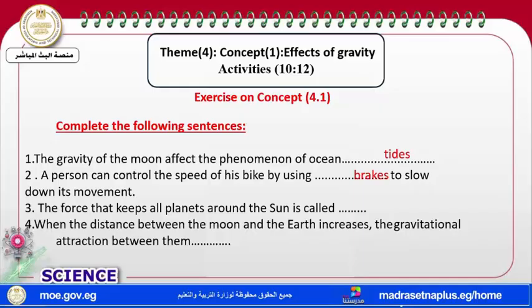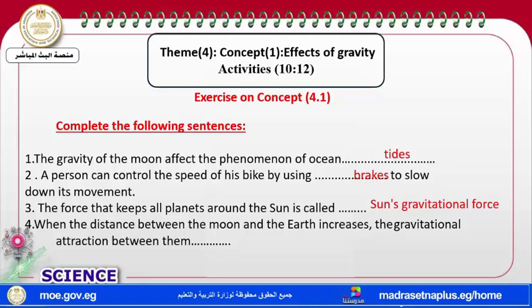After that, the force that keeps planets around the sun. What is the name of the force that keeps all the planets in their place around the sun? It's the sun's gravitational force. The next one.